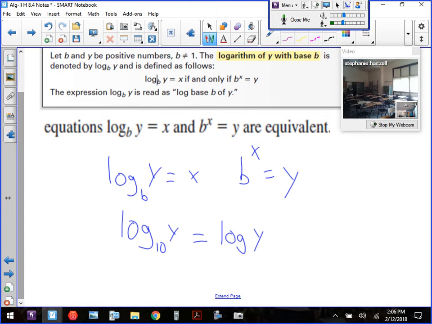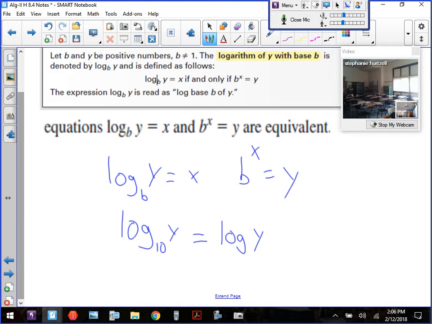It's kind of like when you have a variable that doesn't have a coefficient. That coefficient is always 1. So log base 10 is usually written as just log. Okay? So if you see just log, it means it has a base of 10. Does that make sense?